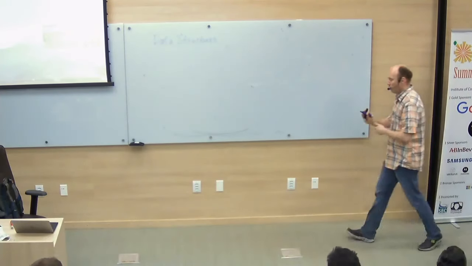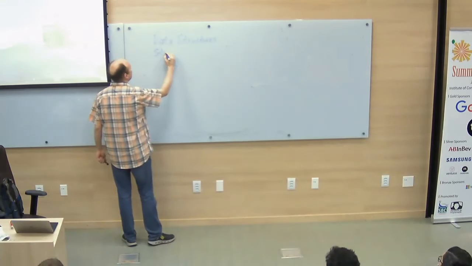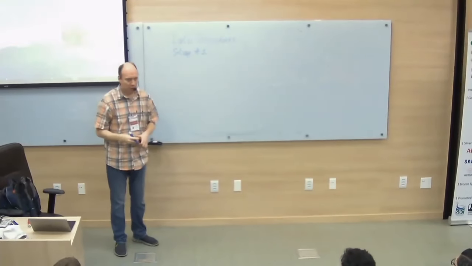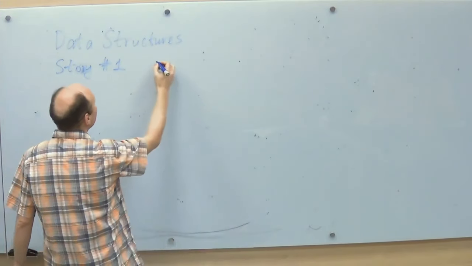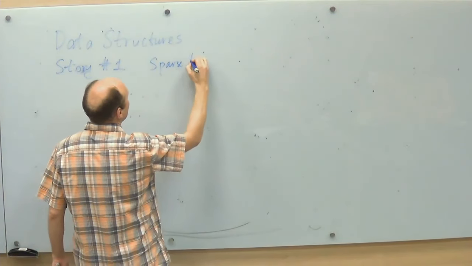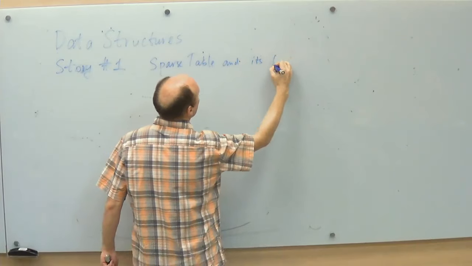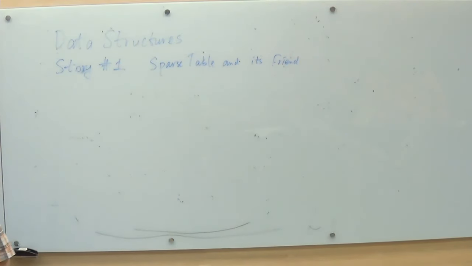Okay, so story number one will be called Sparse Table and a Friend. Most of you, I guess, know the sparse table data structure.